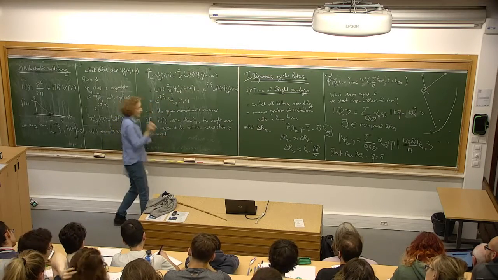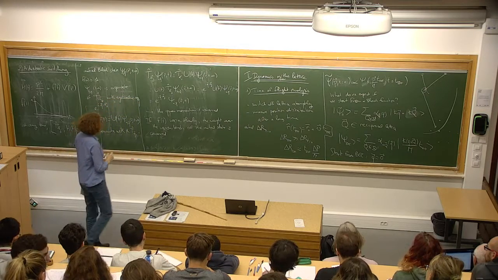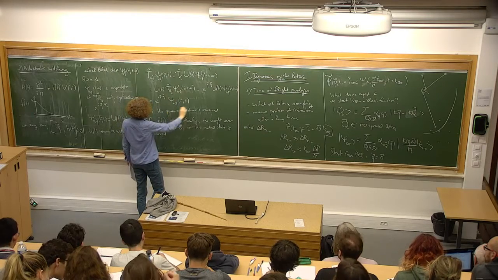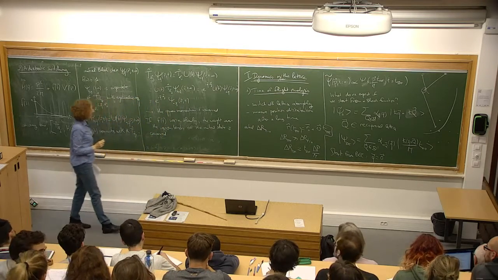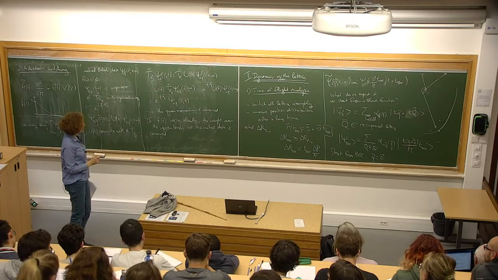So if we start in a given band, we will stay in this band. This is what I'm saying. So the n, in other words, this guy here will be a Bloch state of the new potential with the amplitude f of t.